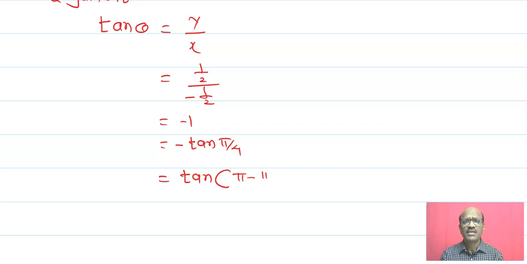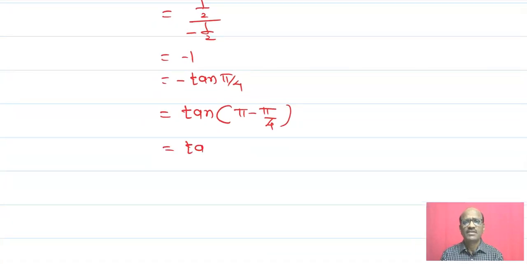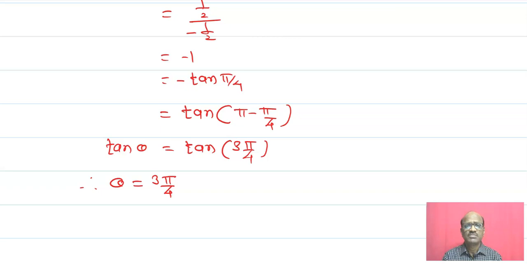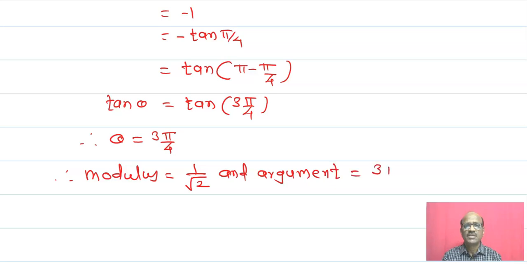That is pi minus pi by 4. Therefore, it becomes 3 pi by 4. Therefore, theta equals 3 pi by 4. Therefore, the modulus is 1 by root 2 and its argument is 3 pi by 4.